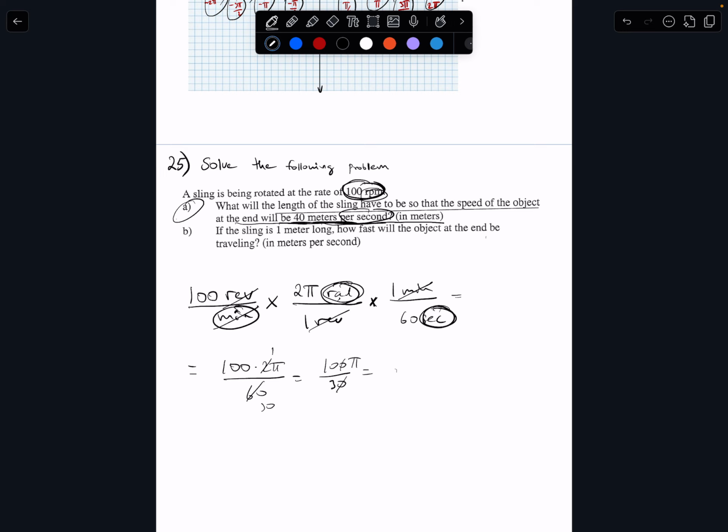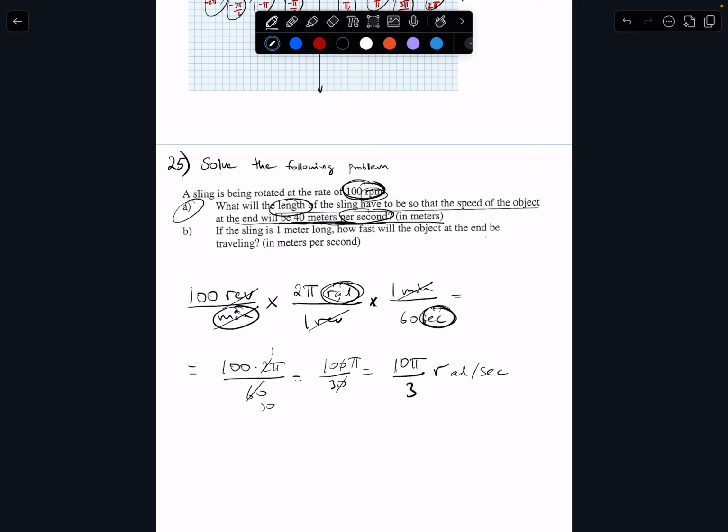And then the zeros cancel, so 10 pi over 3, something like that. And then, of course, the unit is radians per second, okay? So once we find that, we have to find what is the length of the sling.